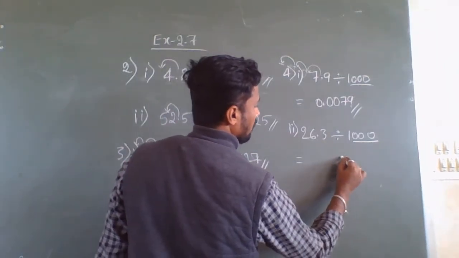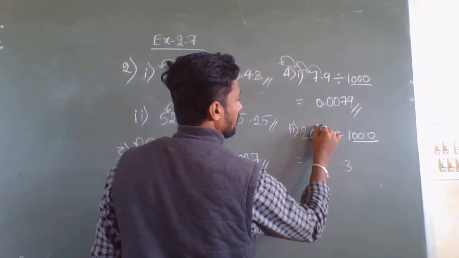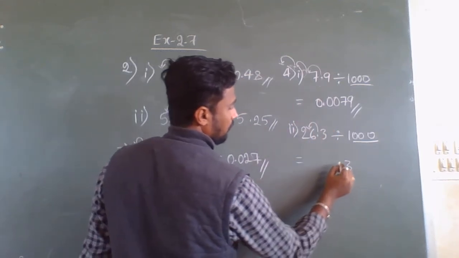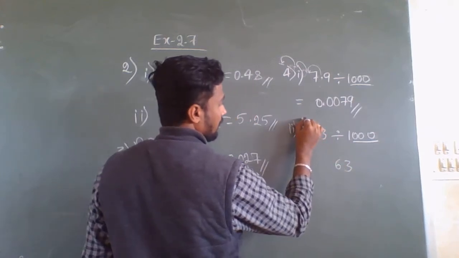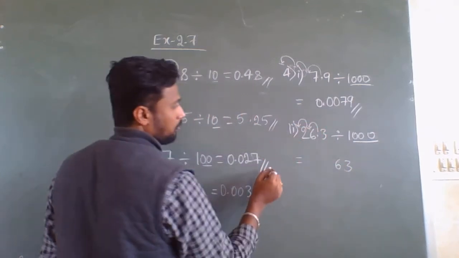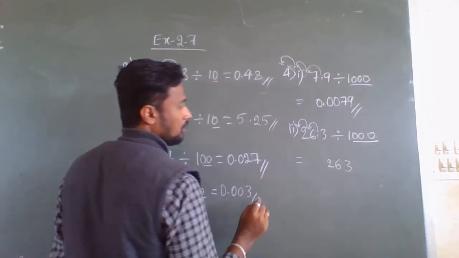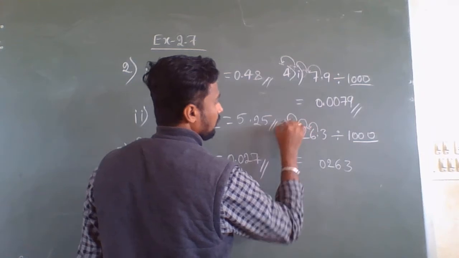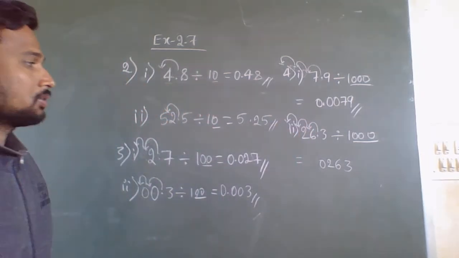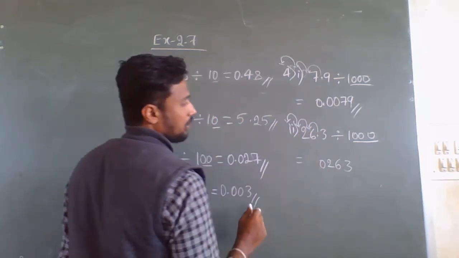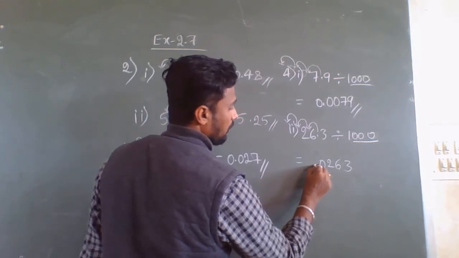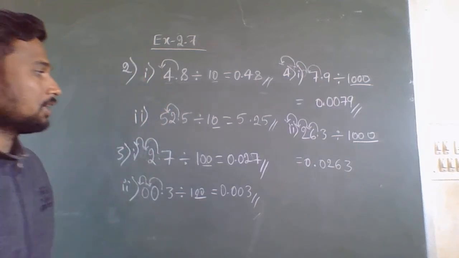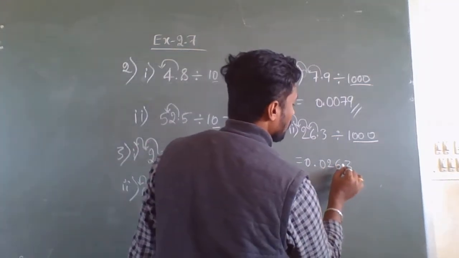First I will write 3, and in the first step I will move one step towards left side. What will you get? 6. In the second step I will move another step. What will you get? 2. In the third step there is no number, so you should consider 0 and move another step. So here you got 0. Next, after this we will get the decimal point, and there is no number, so we will consider 0. So the answer is 0.0263.